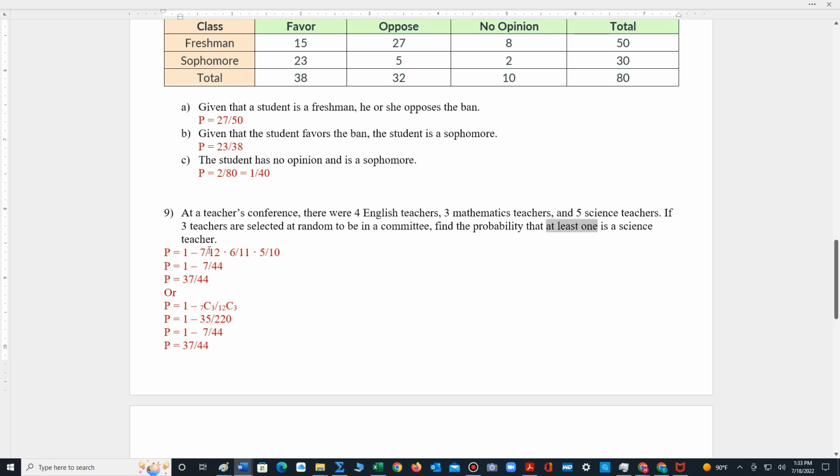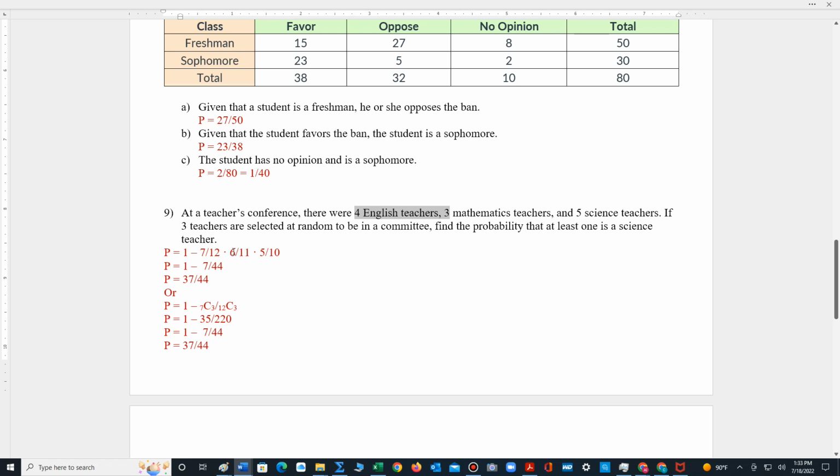So if we choose 3 teachers and we want none to be a science teacher, the total amount of teachers is 12. But we want non-science teachers, so that's the 4 English and the 3 math. So for the first selection, it's going to be 7 out of 12. That person selected, we can't reselect that teacher.